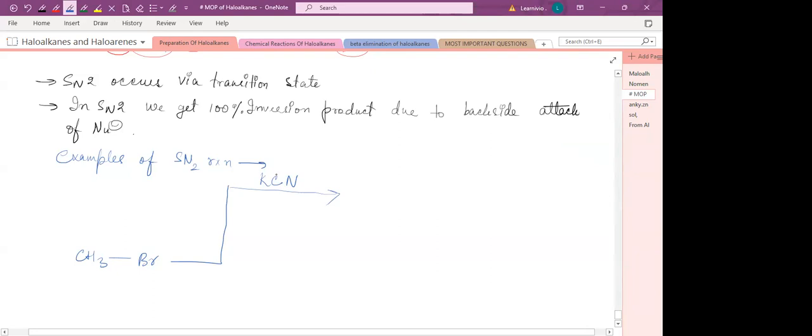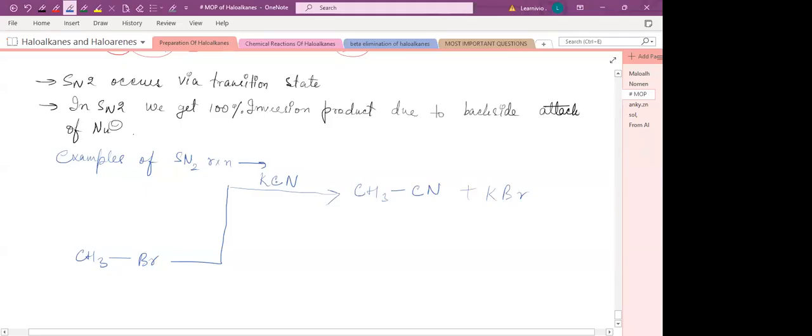If it attacks from the carbon, it will give you CH3CN. We know that the bromine will leave and you will get KBr. If cyanide attacks from the carbon side, that is because it is an ambidentate nucleophile, which has two attacking sites.